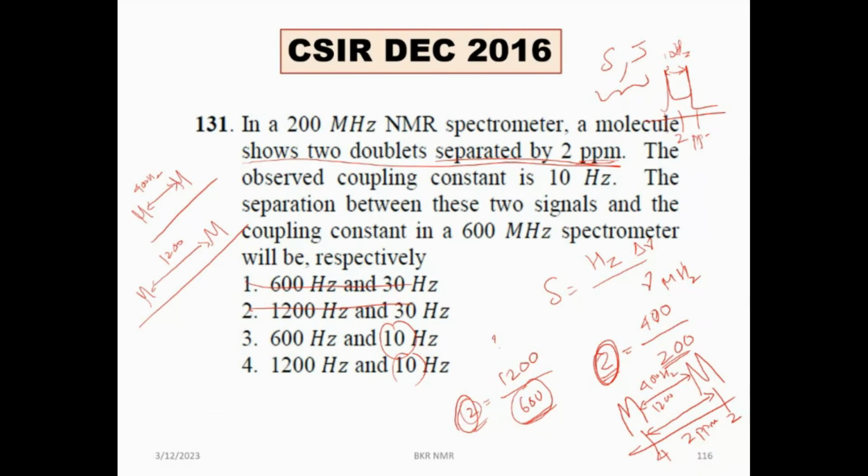So this is known as simplification of a complex spectrum. Normally when I increase the megahertz of the instrument, the multiplets get separated.